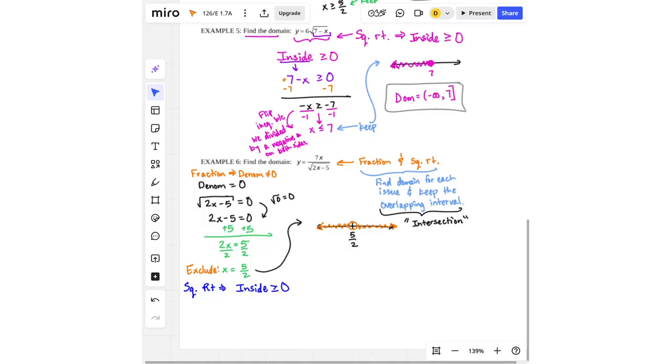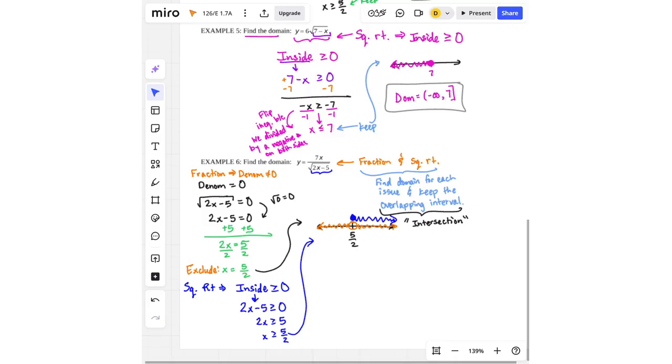The inside here is 2x minus 5, so 2x minus 5 must be greater than or equal to 0. Solving this, we'd add 5 to both sides, so 2x is greater than or equal to 5. Divide by 2, and we get x is greater than or equal to 5 halves. Let's put that on the number line. Here's 5 halves. It's equal to 5 halves, so I do a closed dot at 5 halves, and then we want greater than or equal to, so we keep everything bigger.